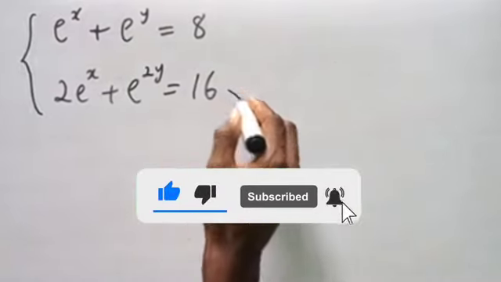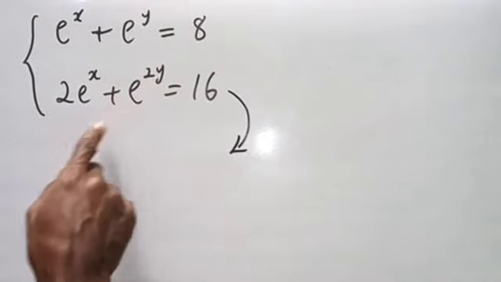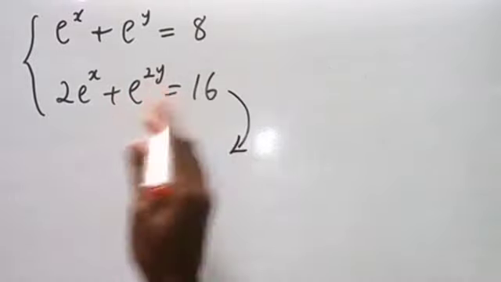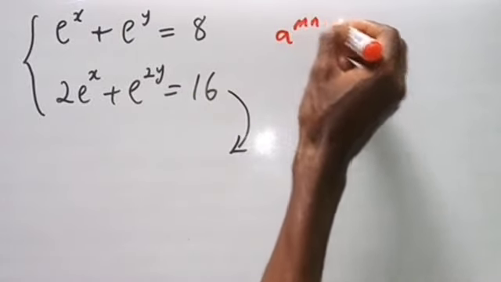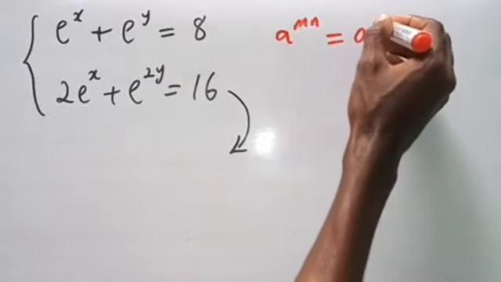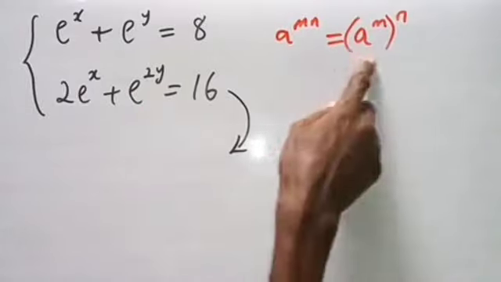From this, remember that this exponential can be expressed in this form: when we have a raised to power mn, this will equal a raised to power m, all raised to power n. So we can make this look like this.